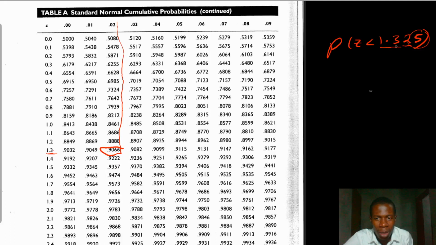So this is what I was saying. If the number here is 5, what you do is you get the number in between. Meaning that it is between these two values here.